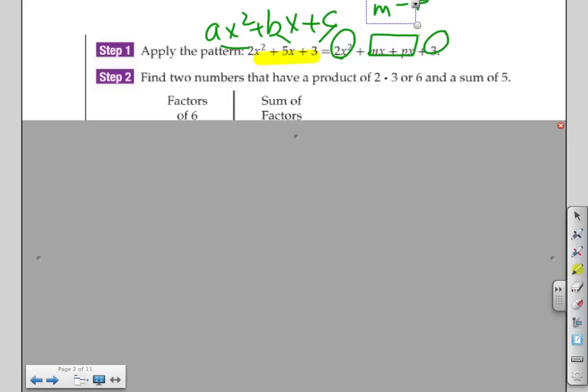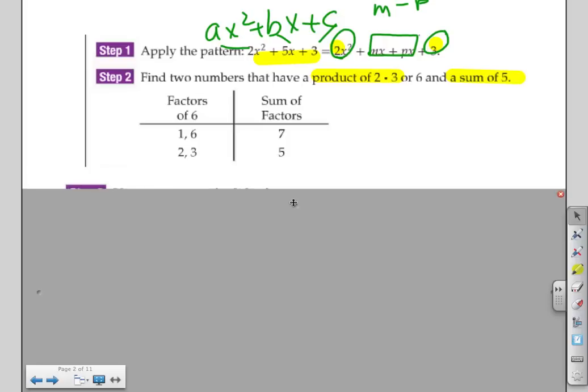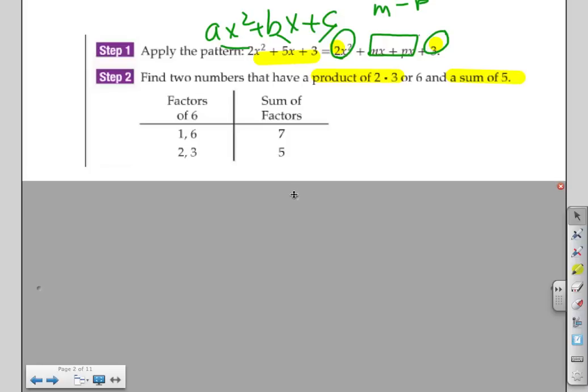We're going to find two numbers that have a product of the 2 and the 3, or 6, and a sum of 5. So instead of just having a product of the 3, it's a little variation on what we've been doing. We look for factors of 6, because 2 times 3 is 6.